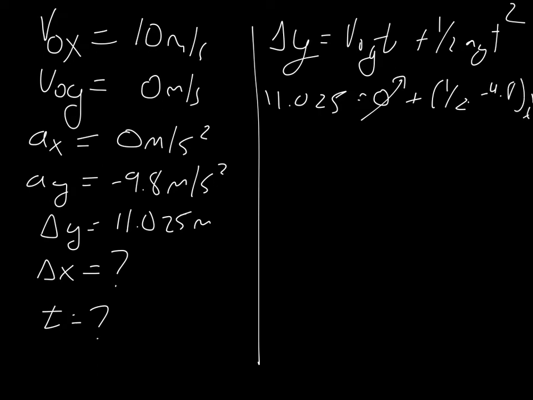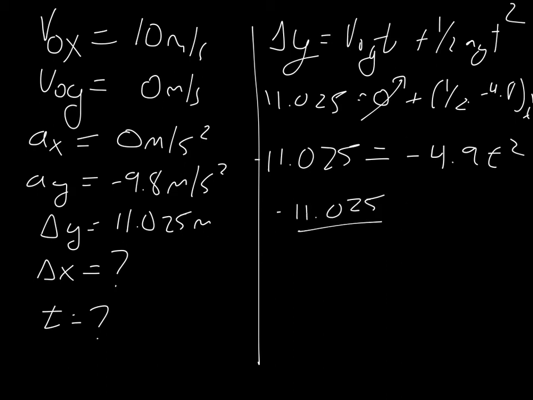Sorry, I ran out of room there. So I get 11.025, which is technically negative because it's going downwards, equals negative 4.9 t squared, or negative 11.025 over negative 4.9 equals t squared, or the square root of those numbers.